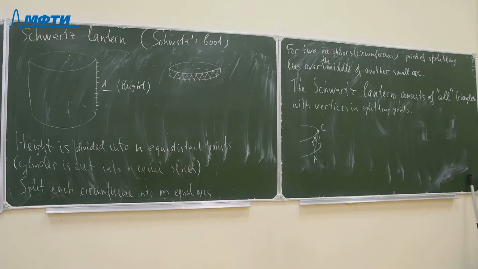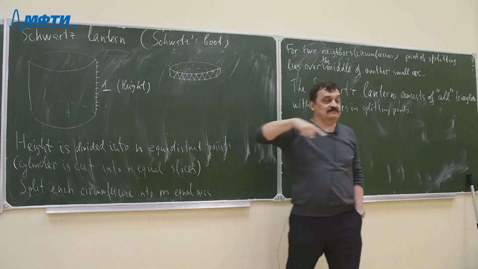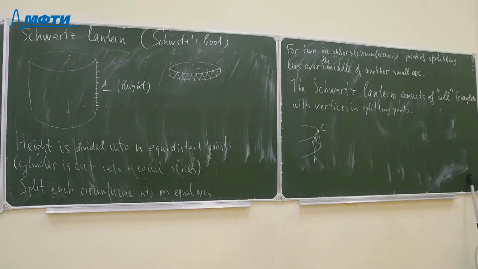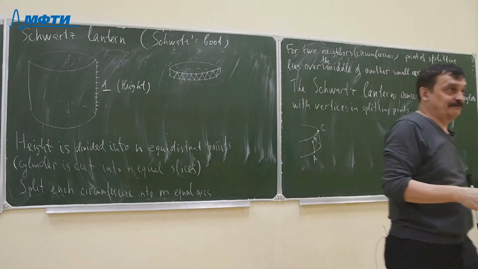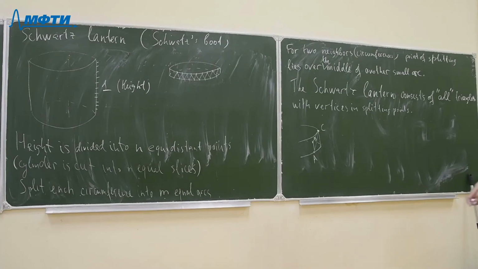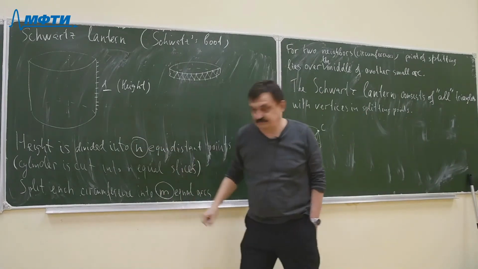You have many such triangles, but the areas of each of those triangles are equal to each other, because everything is equal. So we have just two parameters, n and m.